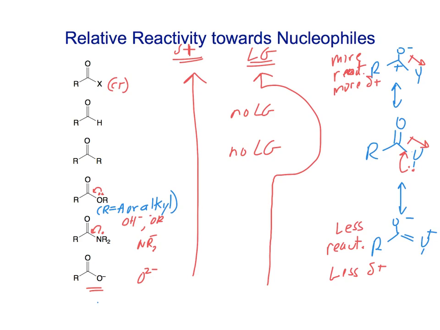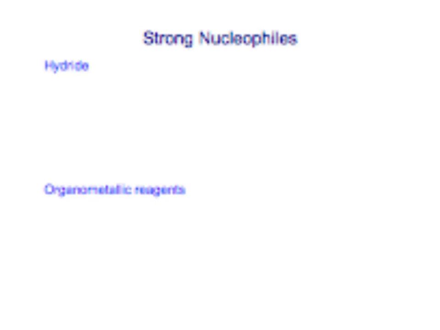All right, so let's look at the nucleophiles. The first nucleophile we're going to really talk about is hydride. Remember, hydride is a hydrogen with 2 electrons, and so it has a minus charge. We've seen hydride before as a strong base, right?